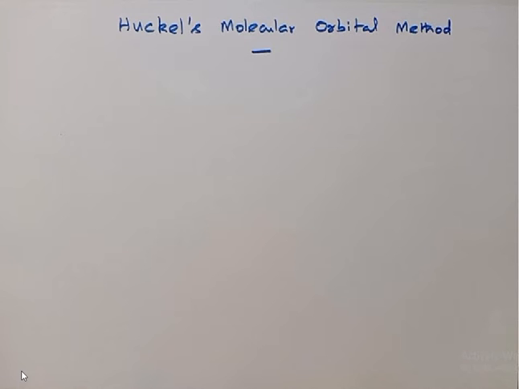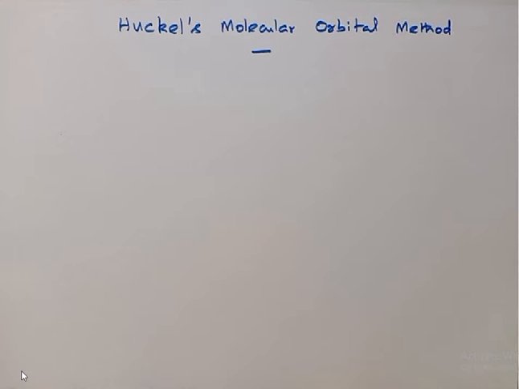In this lecture and in the forthcoming lectures, I am going to discuss a very important and very famous method which is applicable for organic molecules containing pi electrons, the Huckel molecular orbital method.